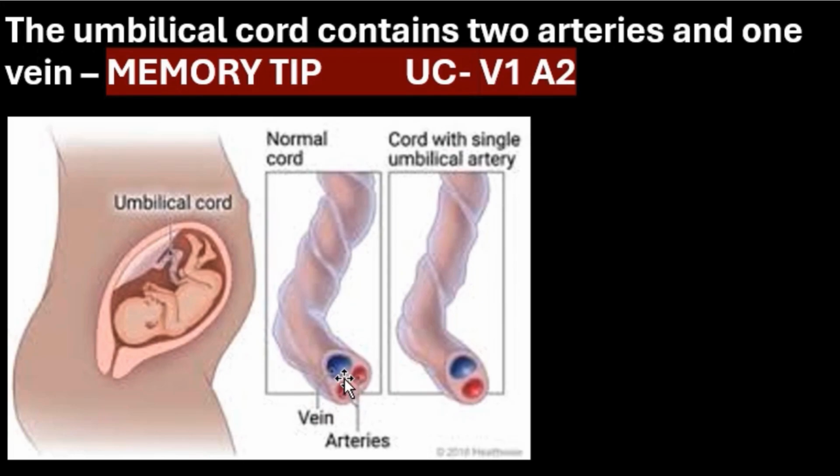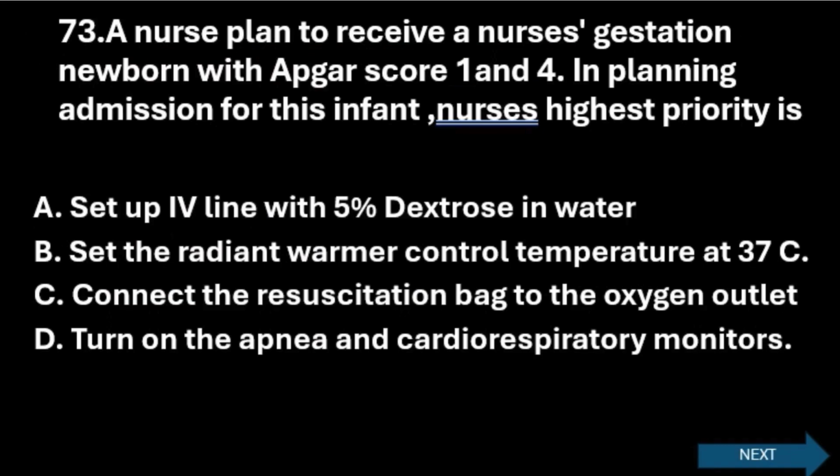Next question. A nurse plans to receive a preterm gestation newborn with Apgar score 1 and 4. In planning admission for this infant, the nurse's highest priority is: option A, set up an IV line with 5% dextrose in water. Option B, set the radiant warmer, control temperature at 37 degrees Celsius. Option C, connect the resuscitation bag to the oxygen outlet.